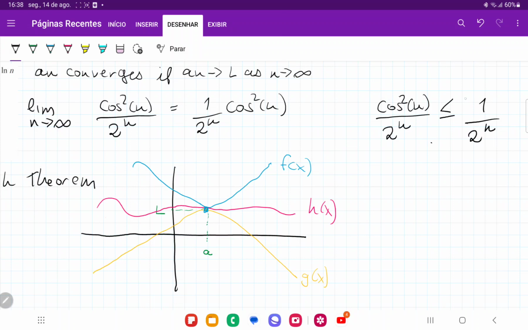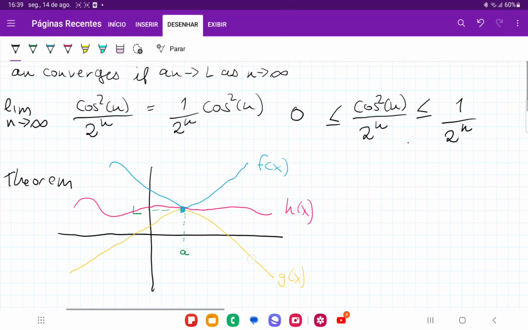And we can say that this is definitely greater than or equal to 0 because cosine squared n can't be negative. So it can at most be 0. And so we have shown that cosine squared n over 2 to the n is the middle function, where the upper function is 1 over 2 to the n, and the lower one is 0, in our analogy, right?